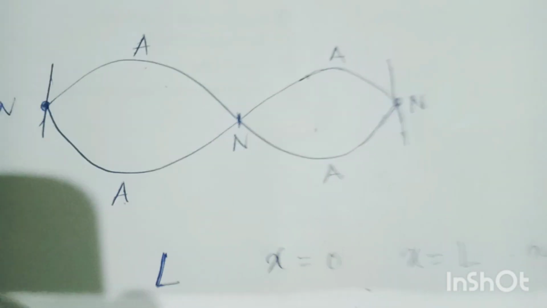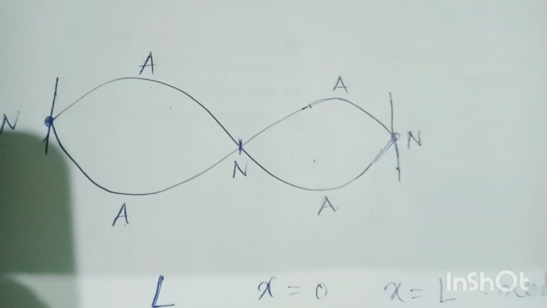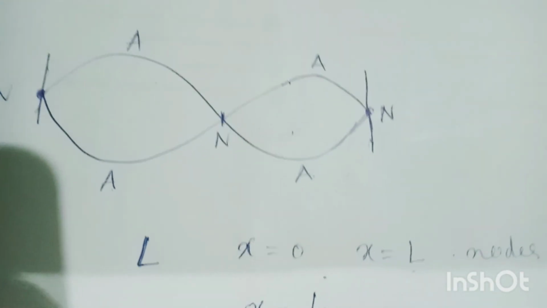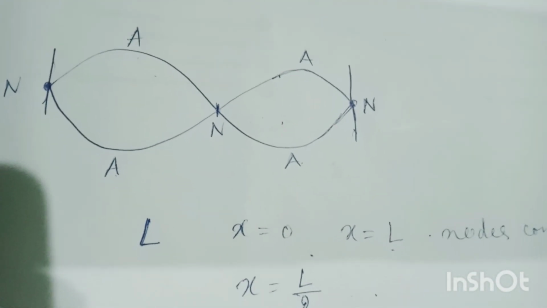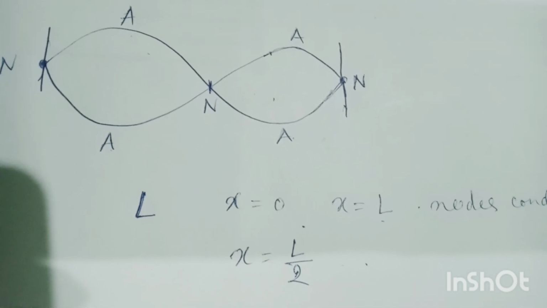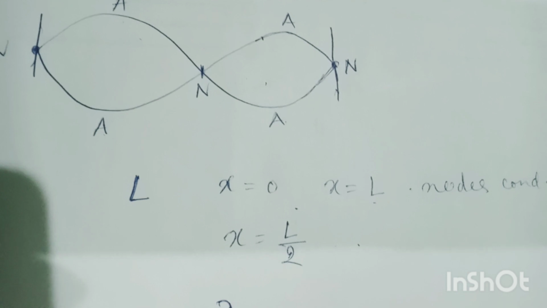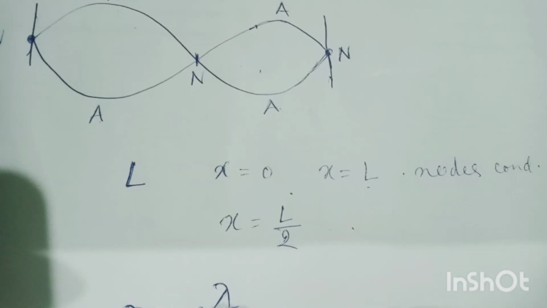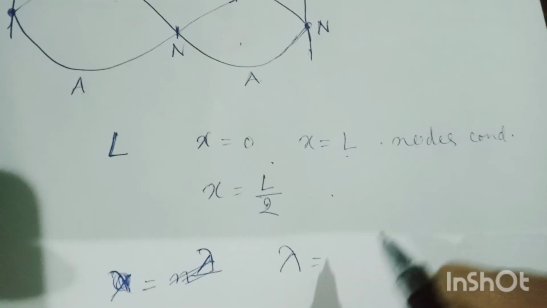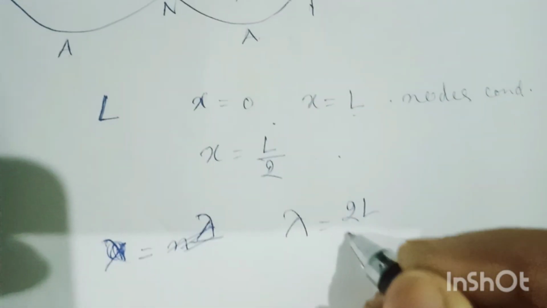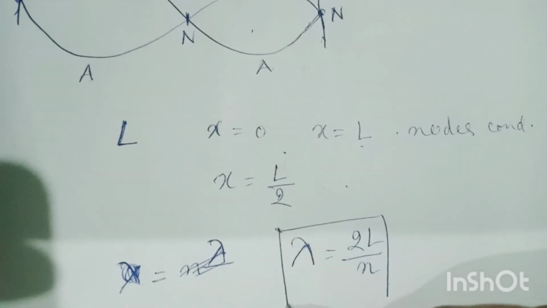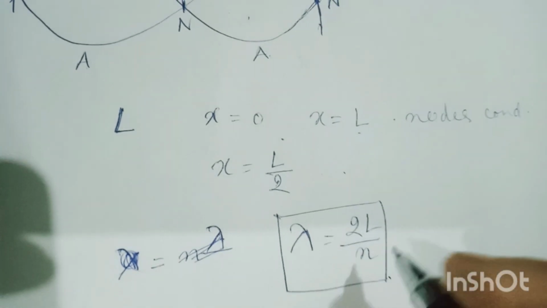These types of waves are called stationary waves. The possible wavelengths of these stationary waves are fixed by the length of the string, with the relation L equal to n lambda by 2, so lambda is equal to 2L by n.